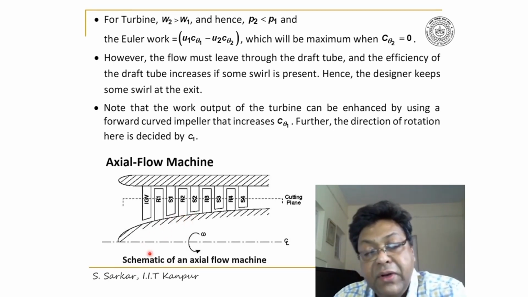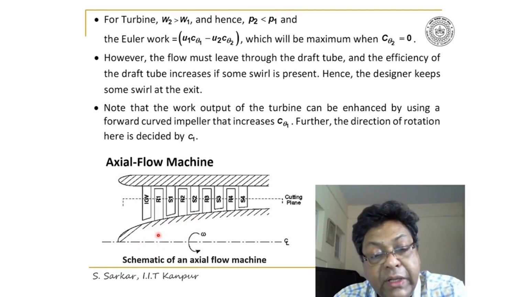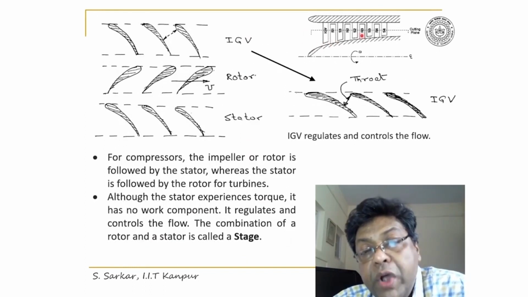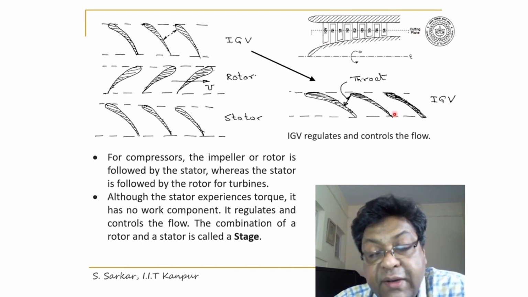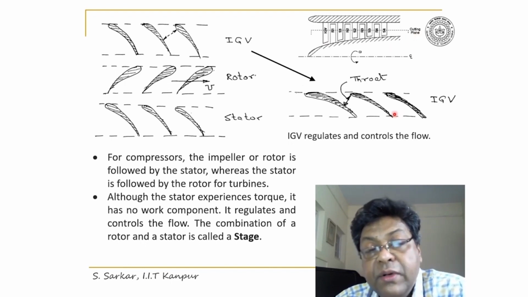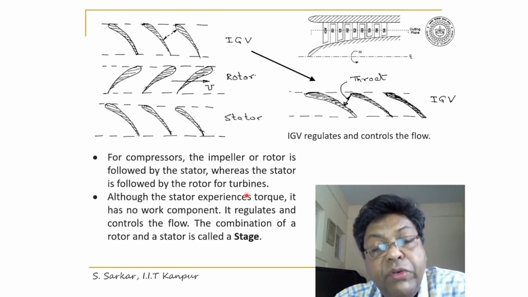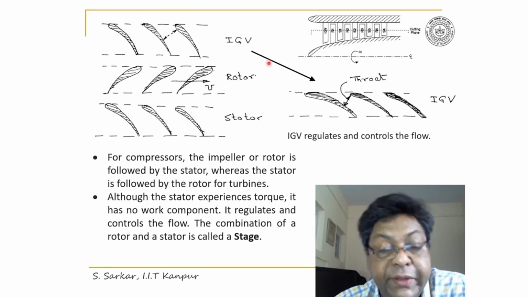The combination of a rotor and stator is called a stage, and particularly the first row, before the rotor, is called inlet guide vane. Please follow the pointer. If I take a circumferential section and stretch on a plane of paper as I have shown here, you will find an array of blades.